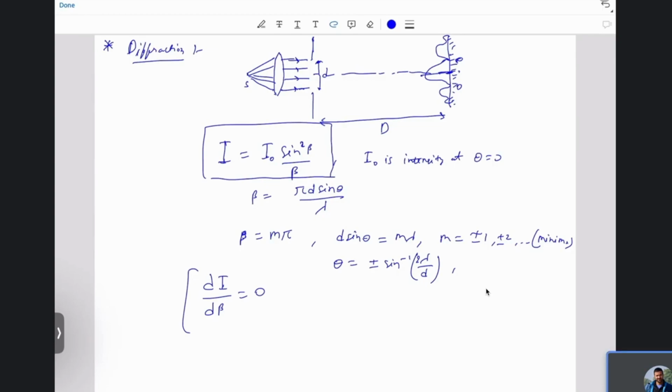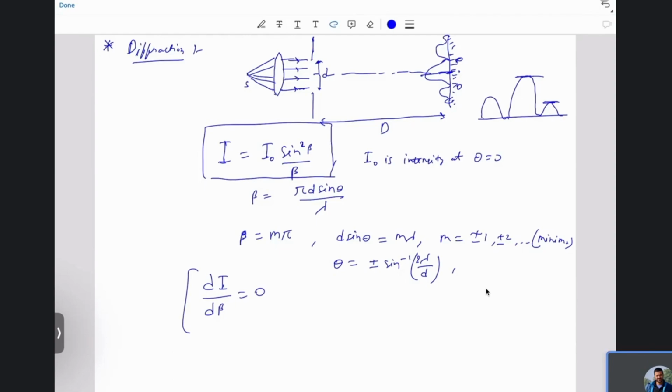So in this intensity plot, you see where there is a maxima, the slope is 0, right? I mean the rate of change of intensity is 0.